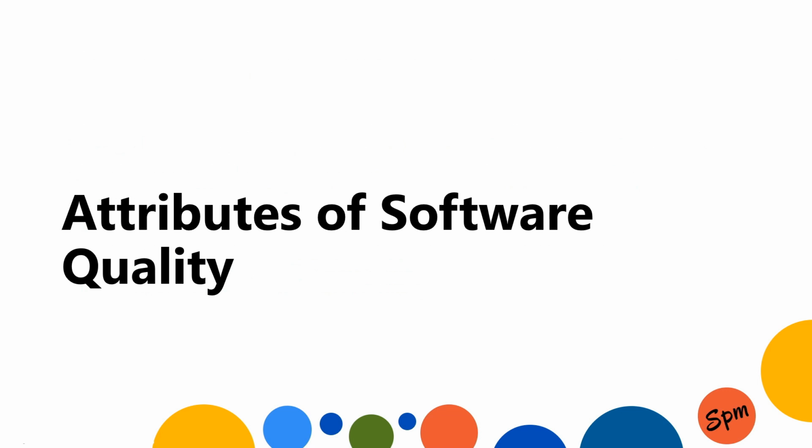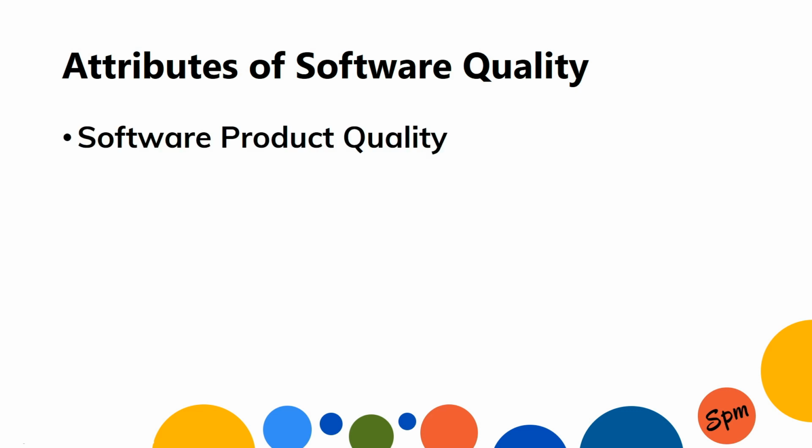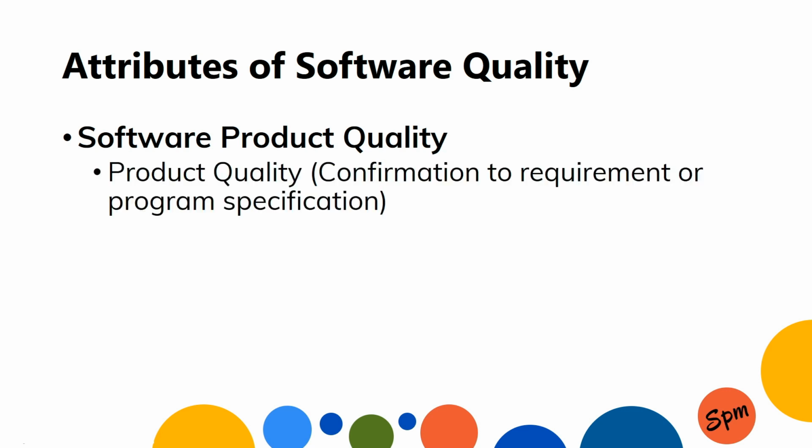Now we will see some common attributes which quality software has. The first attributes are about the product itself, known as software quality product. First is product quality. It is the conformation to the requirements or program specification. So the first thing about quality software is to meet all the requirements of the user, meaning it should have all the functionality as per the user requirement.